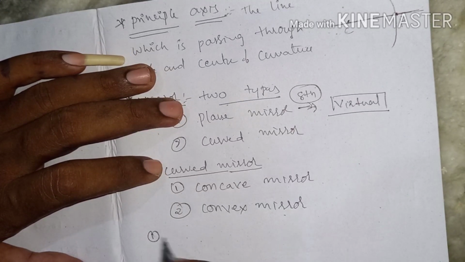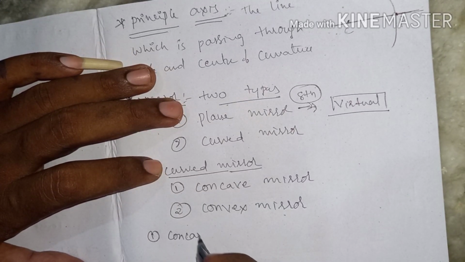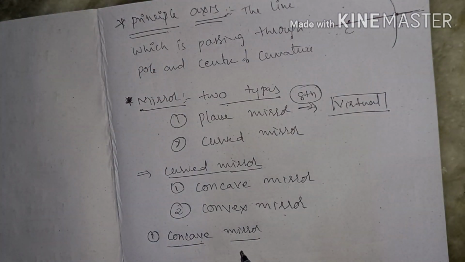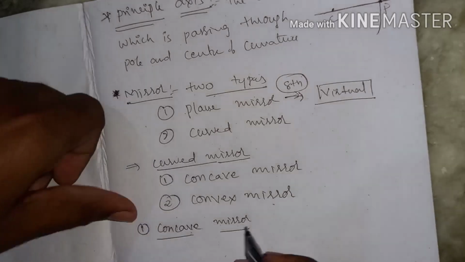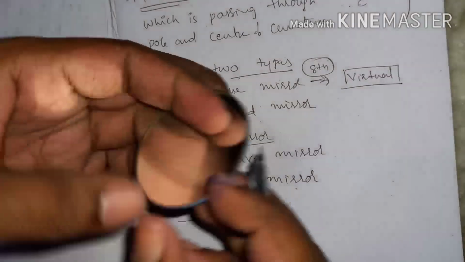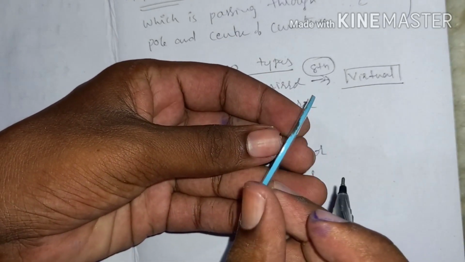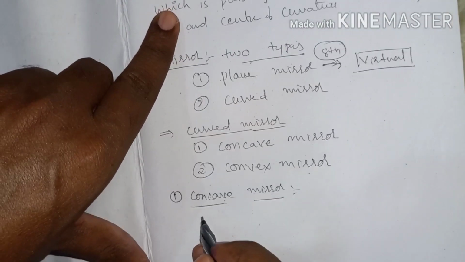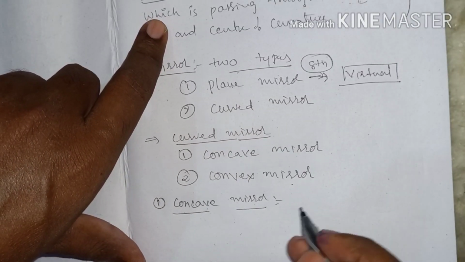First one is the concave mirror. What is a concave mirror? I have already shown you the concave mirror. This is the concave mirror. Concave mirror means the mirror whose reflecting surface is curved inwards.